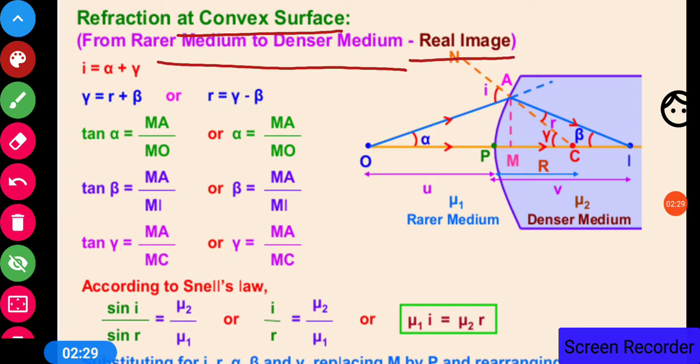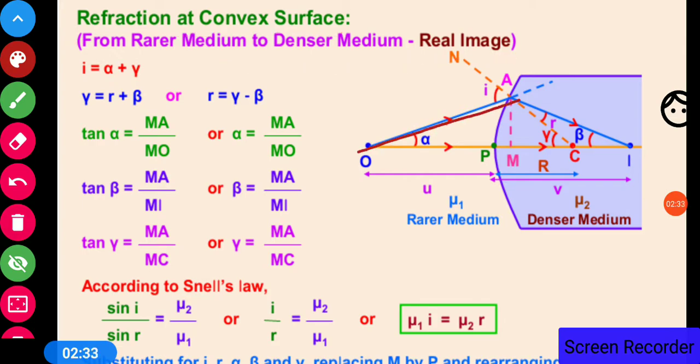real. So let us see that this is the point object, the incident ray.